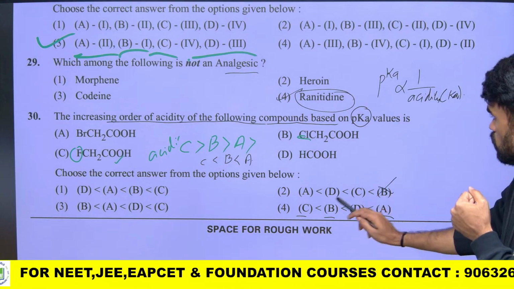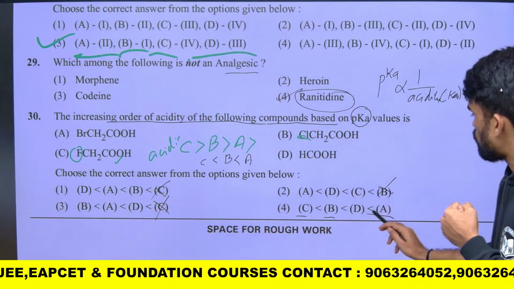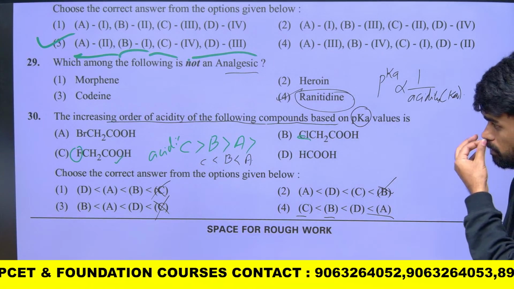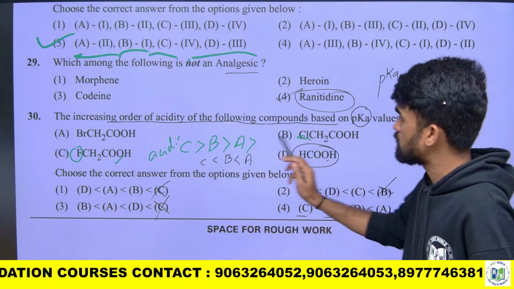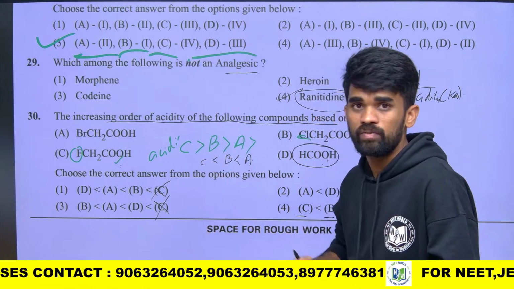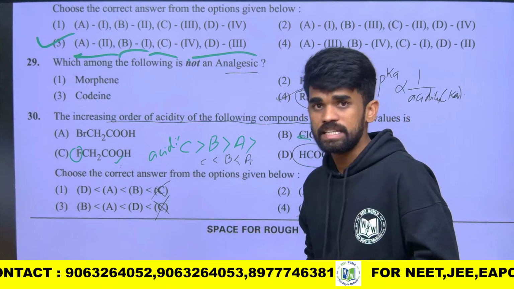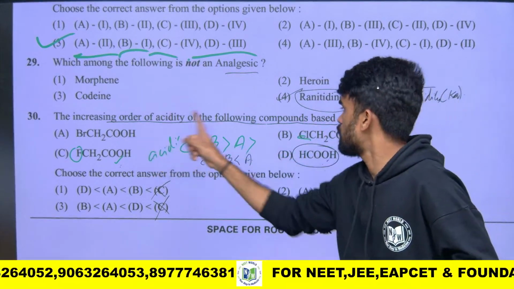Any other options? B is more, is there? No. C is more, is there? No. Okay, so we have only one option. See the concept: even if we don't know the exact order of formic acid and alpha haloacetic acid or fluoroacetic acid, we can do it just by understanding from the other options.